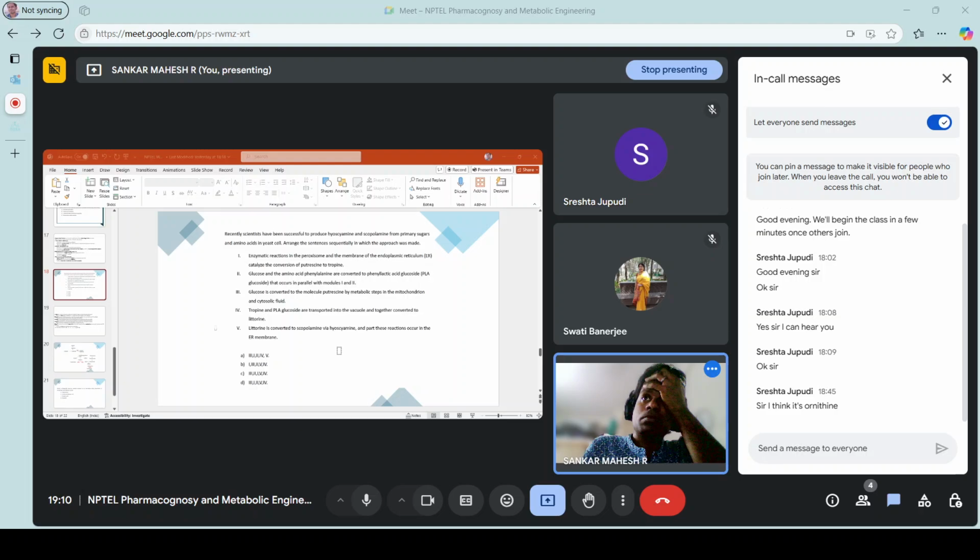Is it the fourth answer? Okay, why would you think it's this way? Glucose is converted... Because this module number 3, phenylalanine converted to phenyllactic acid, I think this is in module number 3. And glucose is converted to the molecule.